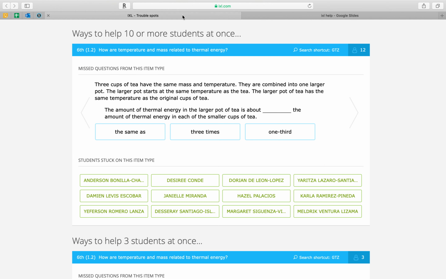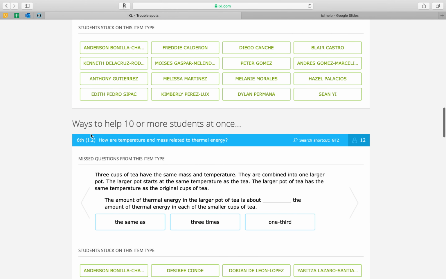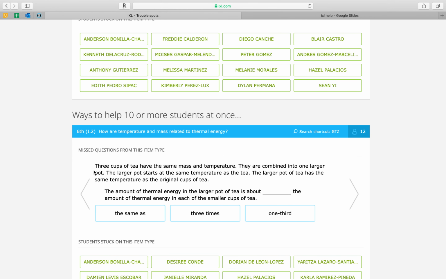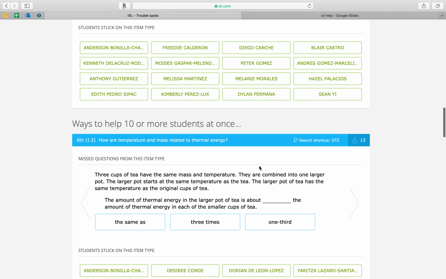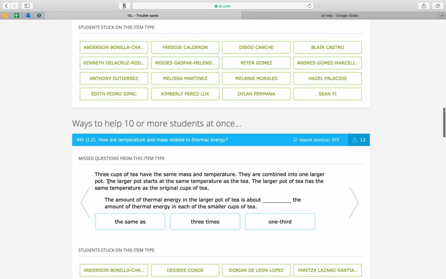So I'm going to show you the IXL question. This was IXL question I.2. If you look over here, it says missed questions from this type. 3 cups of tea have the same mass and temperature. It's just like the hot chocolate question. They're combined into one large pot.